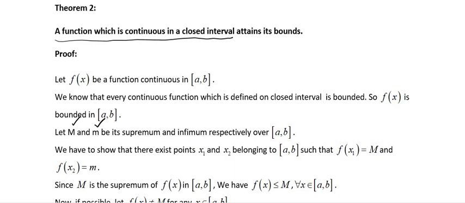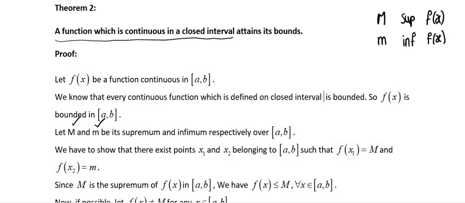So we can take capital M and small m to be its supremum and infimum respectively over closed interval a comma b. That means capital M is supremum of f of x, small m is infimum of f of x.